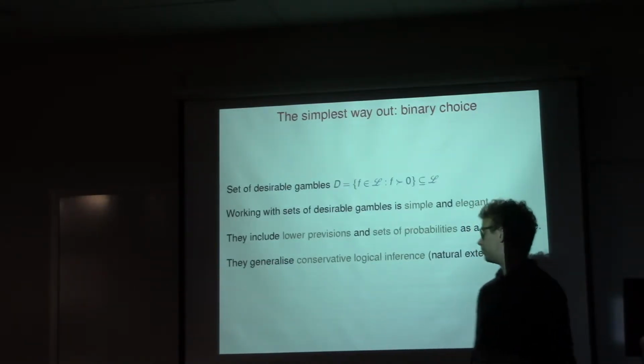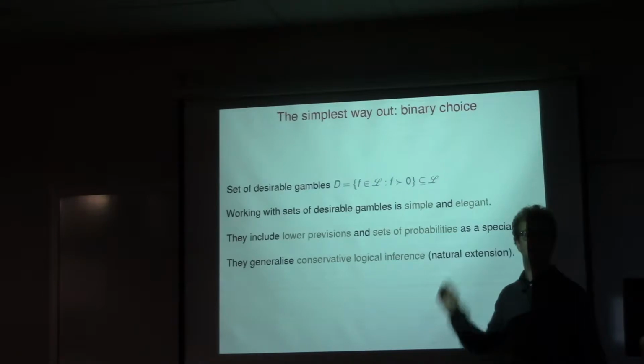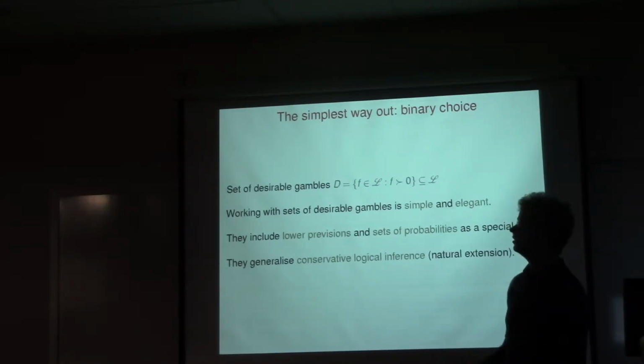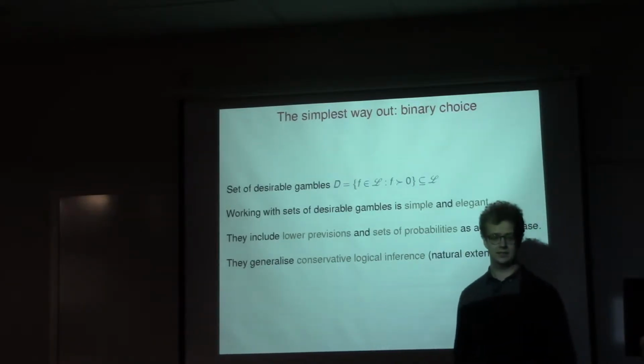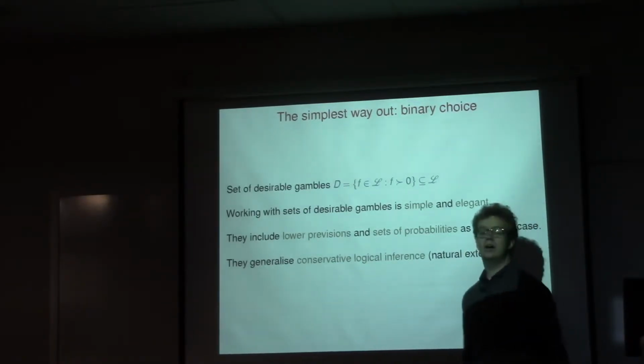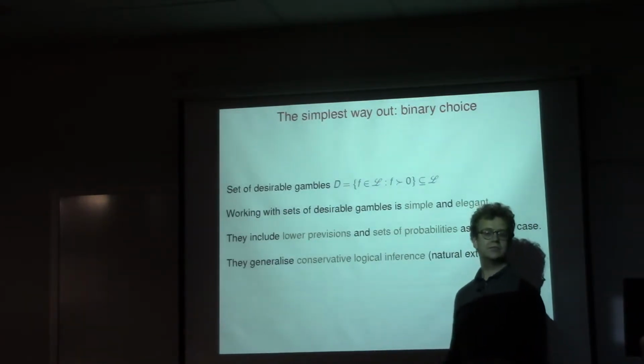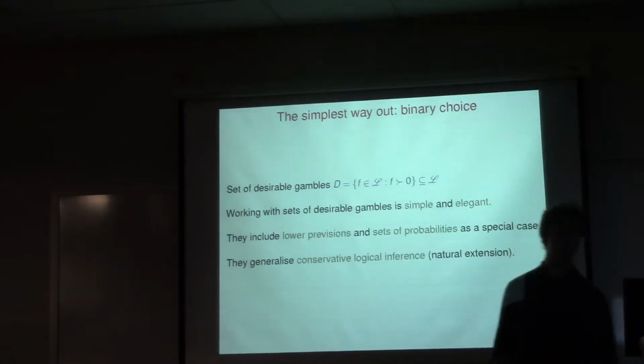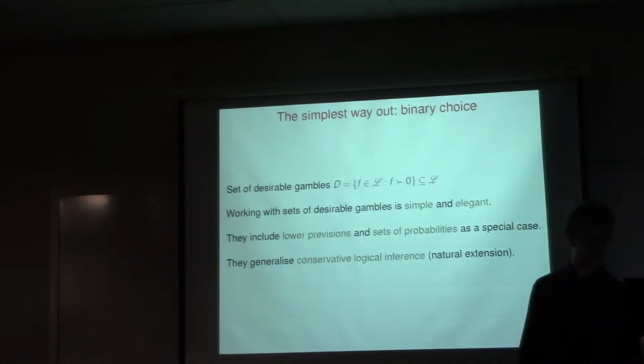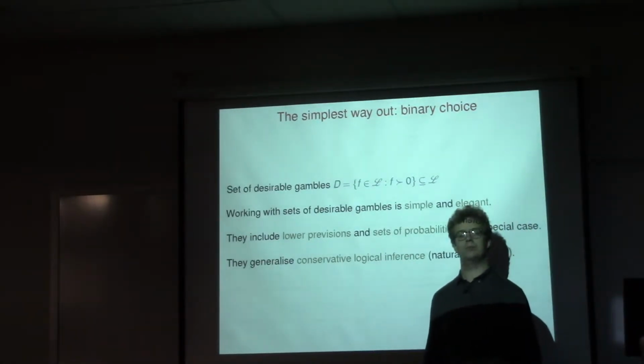It's really very important, and also it's very general. They include convex and closed sets of probabilities as a special case, and therefore all its special cases. And also it generalizes conservative logical inference via its device called natural extension. So it's really a very popular model.